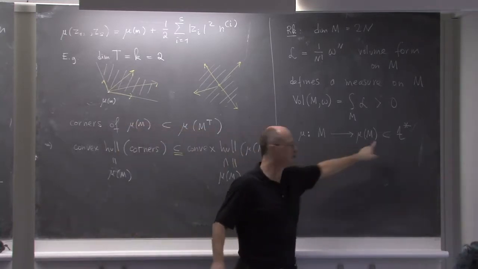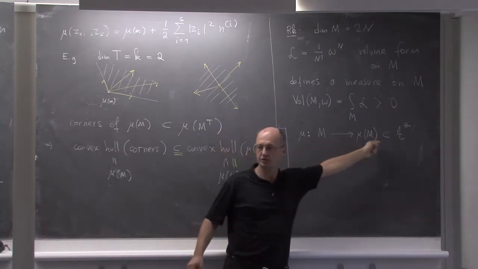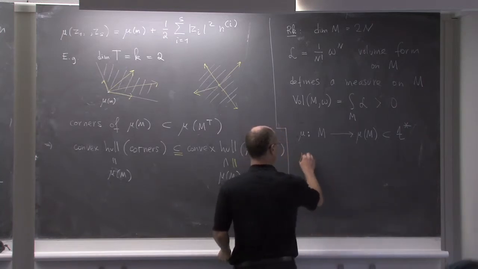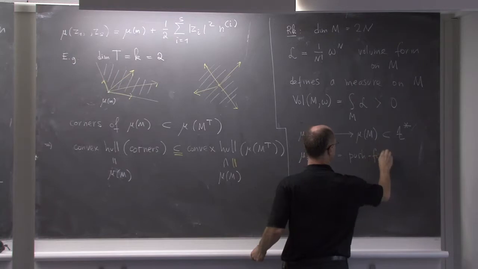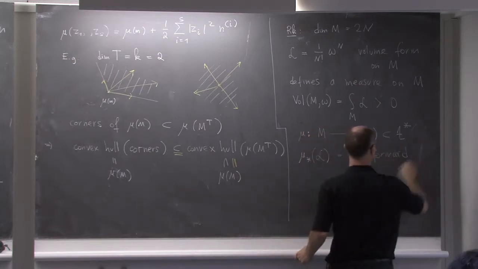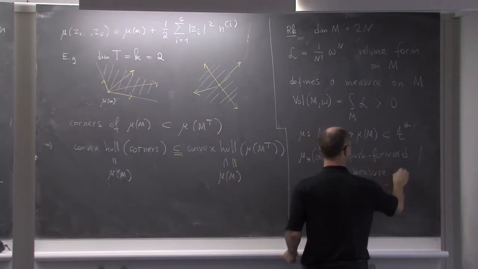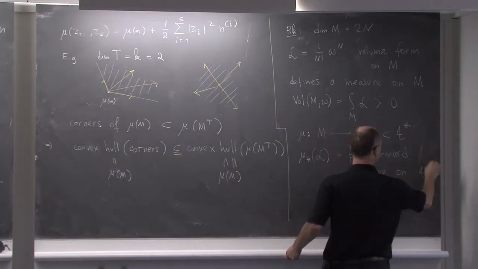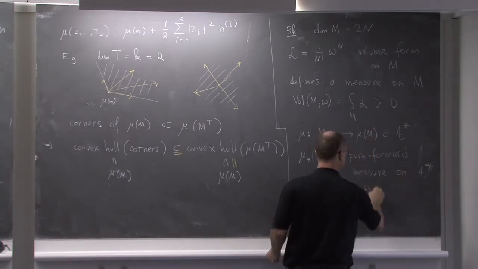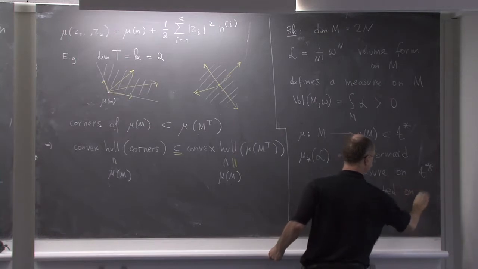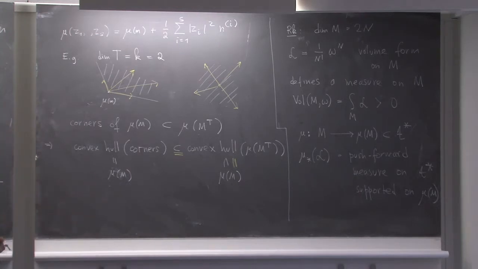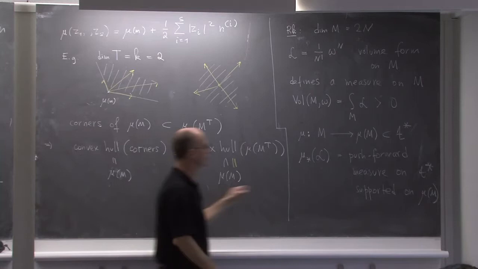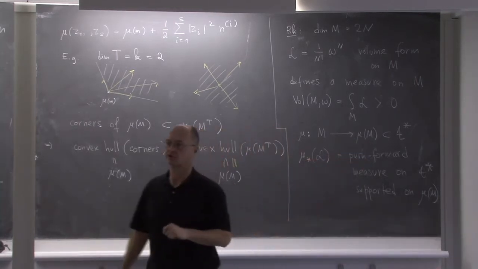So let's consider the push forward of the Liouville measure on M to mu of M. So mu star of L is a push forward measure on T star, supported on mu of M. So we make a push forward and we get a measure on this vector space T star, but of course it's only supported on the polytope, which is the image of our manifold.